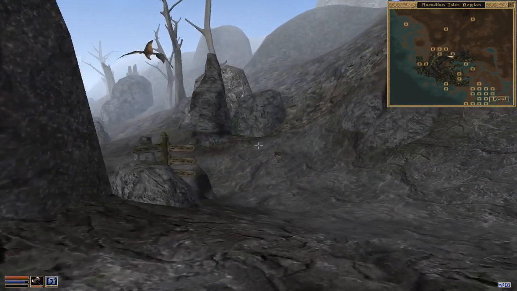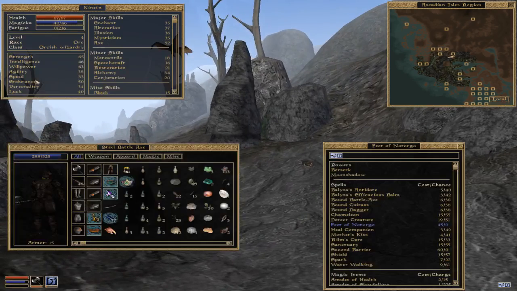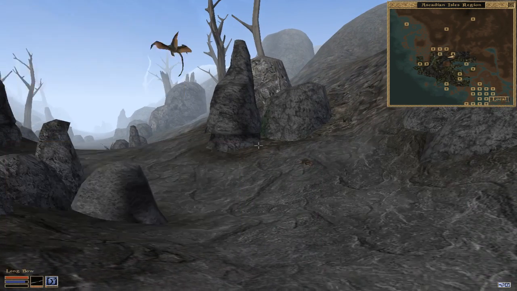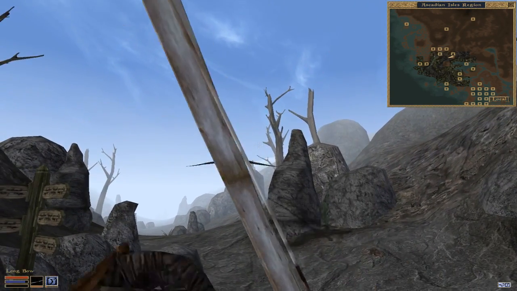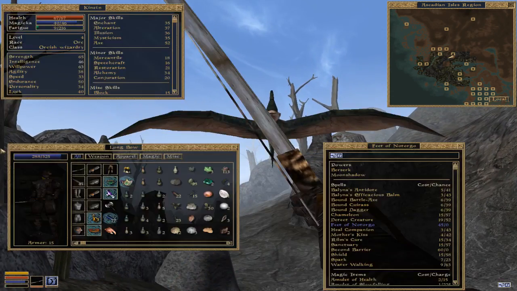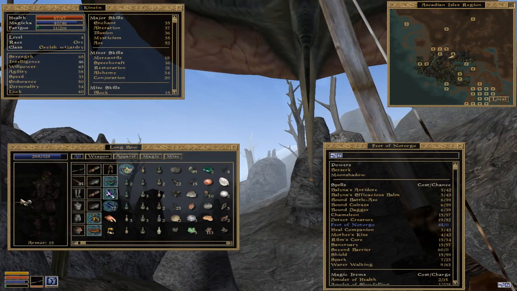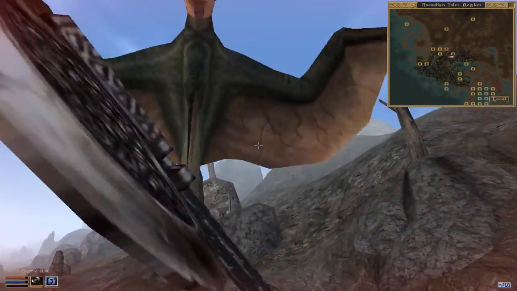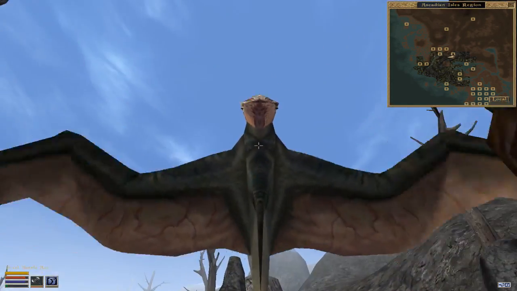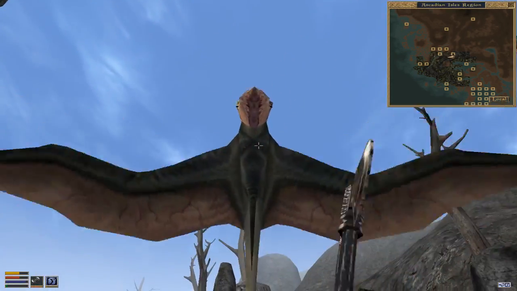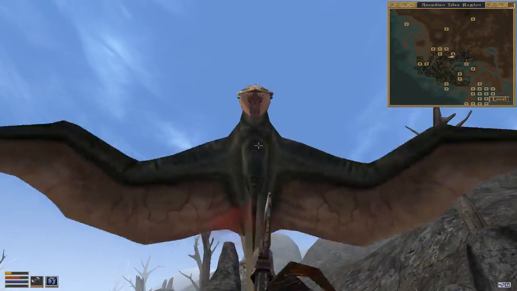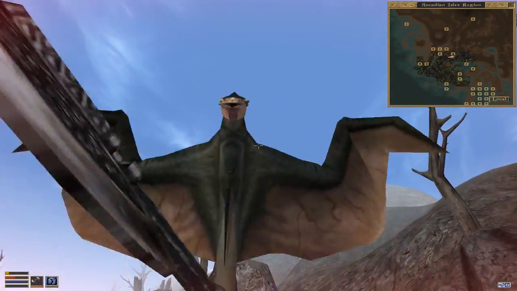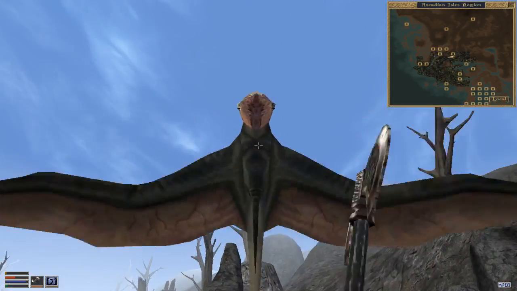What are we doing now? After killing this pesky flying monster, we have very low skills of archery. Come on.